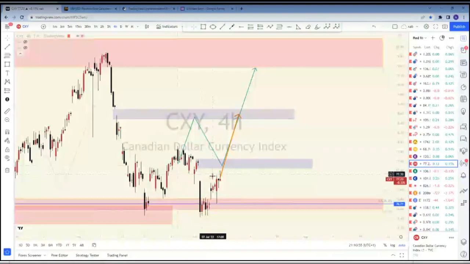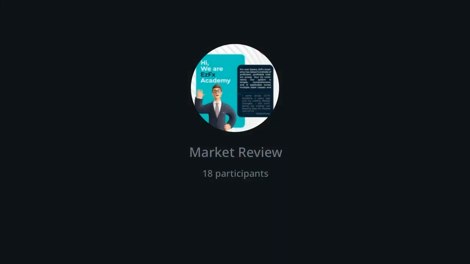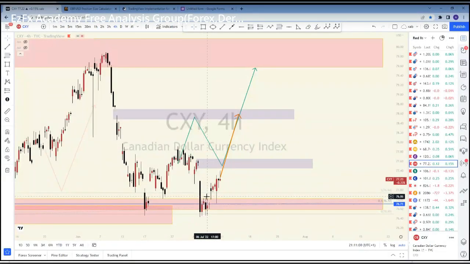I'm not sure this is a clear enough high to consider for a break and retest, but let's see what price does around here. So CXY is also undecided, which means that it is from the charts that we can know what exactly the Canadian dollar's strength is going to look like for this week.